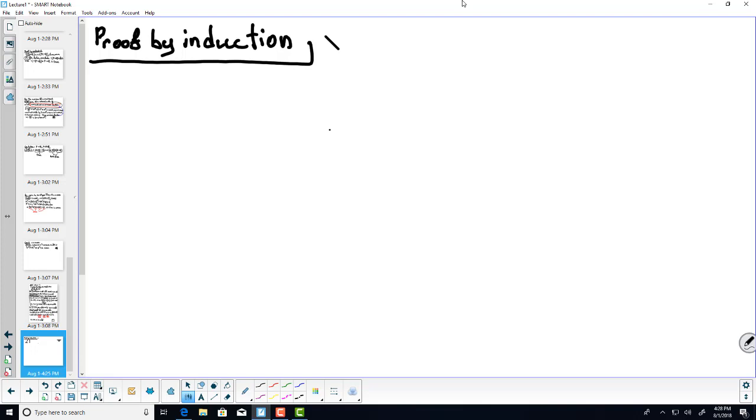To be more precise, induction is a method that can be used to prove a statement of the form, for all n in N, P(n), where P(n) is a statement that involves n. So the usual way to construct a proof by induction is the following.